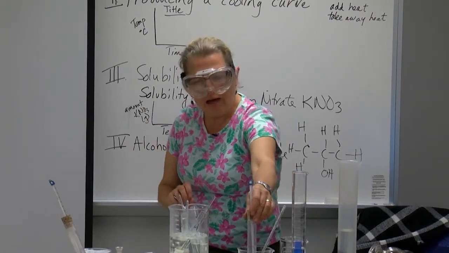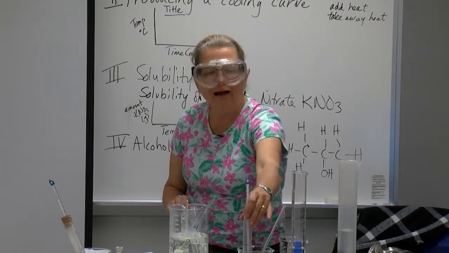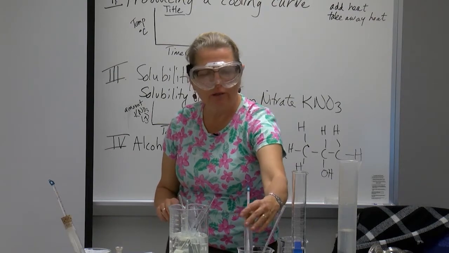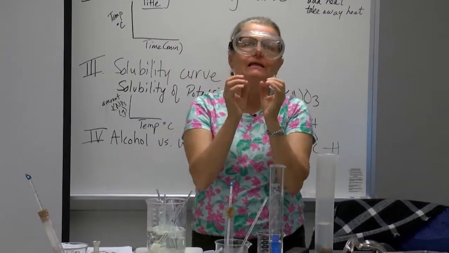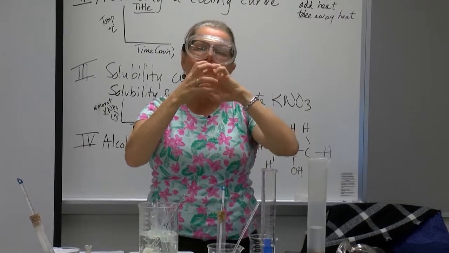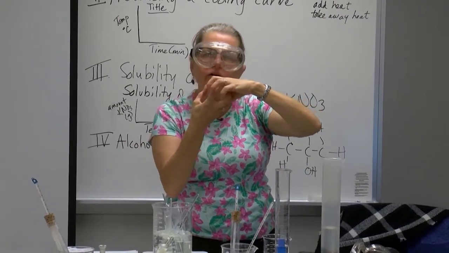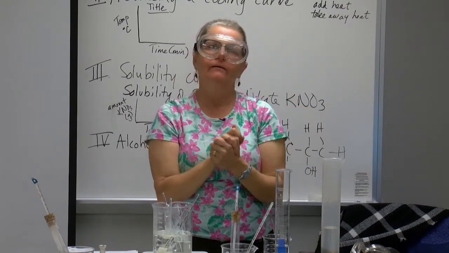This particular substance doesn't need to get all the way to 0 for that. This turns into a solid at 68 degrees. It will stay at 68 degrees until all the molecules are locked into the matrix. Once they're all locked, it will continue cooling.